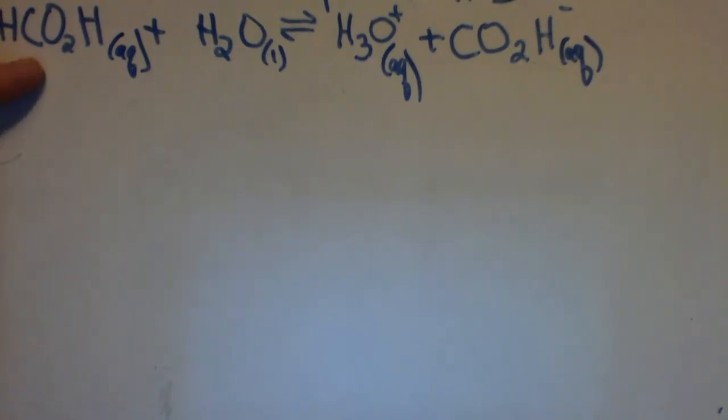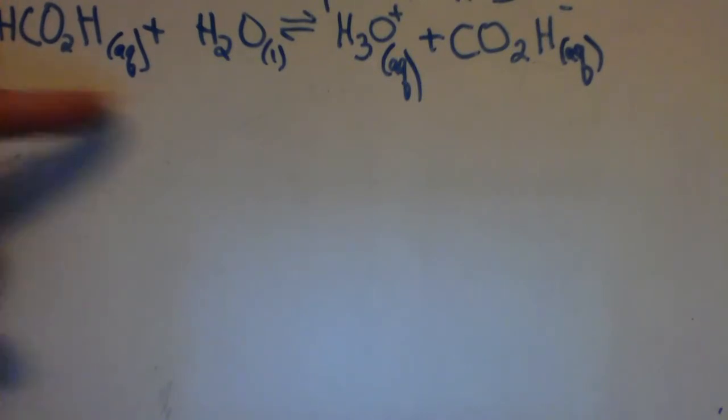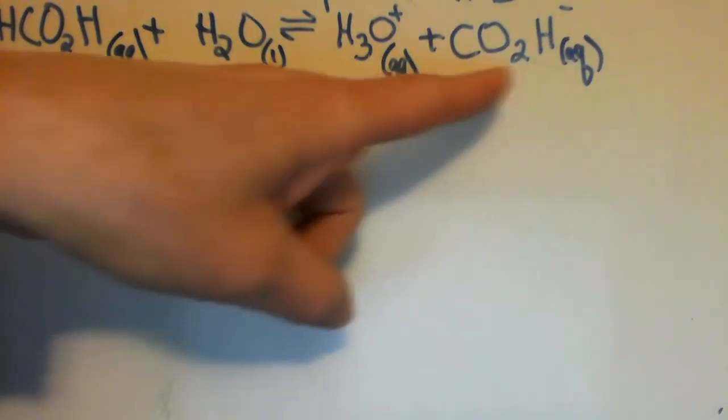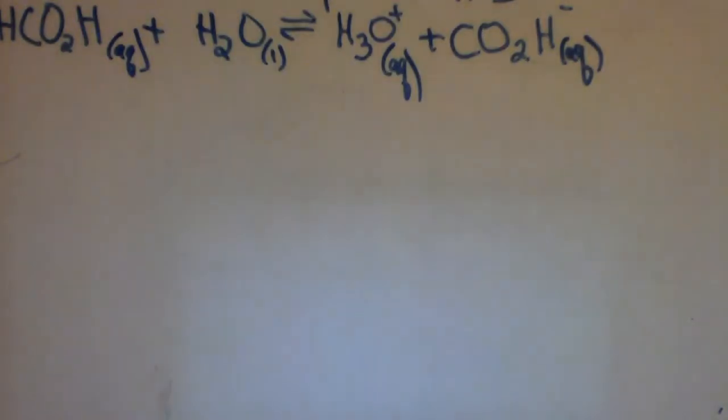Since we know the initial concentration of formic acid, 0.100 molar, we can tell what the concentration of formic acid is after it has dissociated in the water by subtracting the concentration of one of the 2 ions that are produced by the dissociation of formic acid.